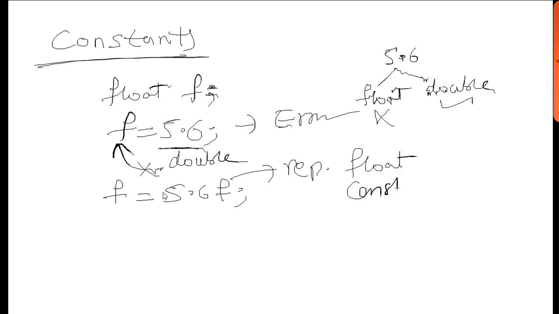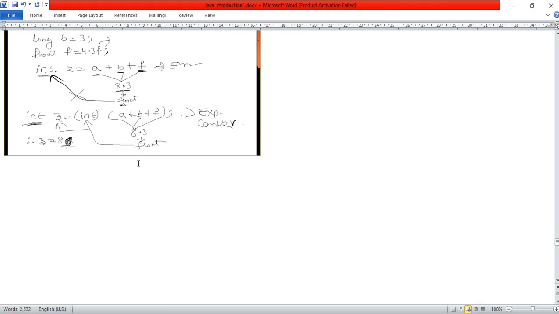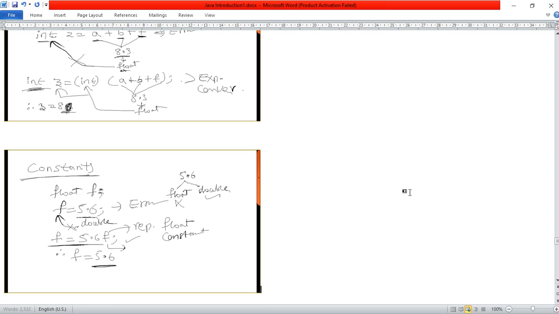Therefore now this is right. Like this, if you want to assign any value to a float variable, now you have to write f. So this is what you remember, please. This is one thing that you have to remember regarding float constants. Is that clear?